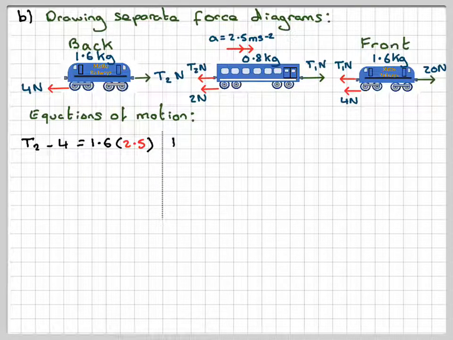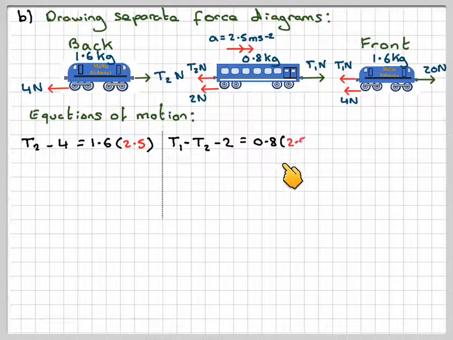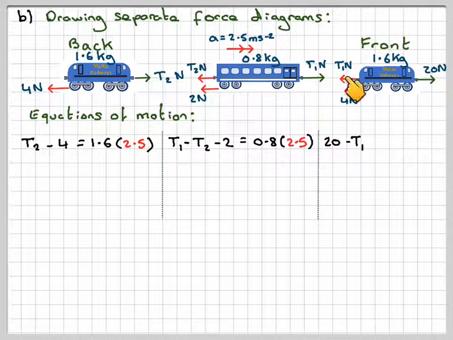For the middle one, T1 minus T2 minus 2 is equal to 0.8 times 2.5. For the front one, we have 20 minus T1 minus the resistance force, which is 4, equal to 1.6 times 2.5.